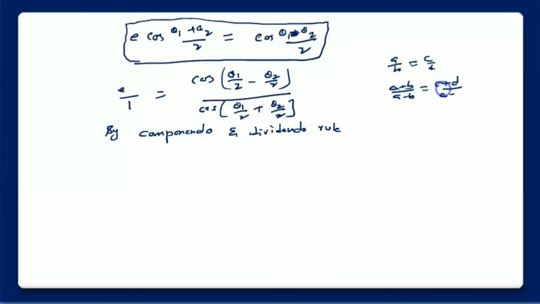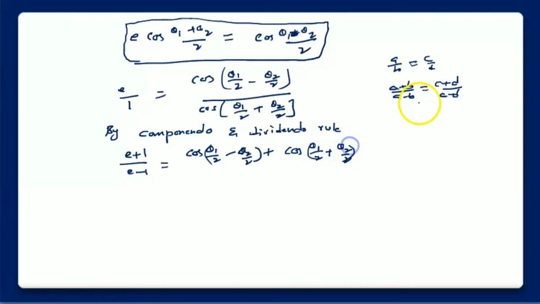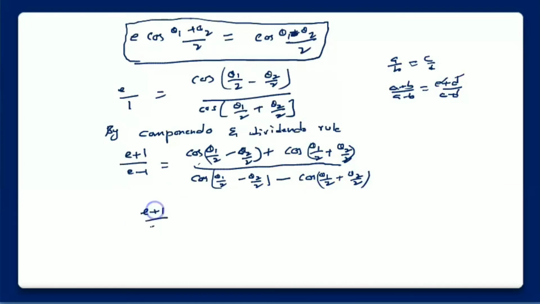So this I can write as (e plus 1) by (e minus 1) is equal to: numerator, cos of theta 1/2 minus theta 2/2 plus cos of theta 1/2 plus theta 2/2, that is c plus d; and for c minus d, the numerator minus the denominator, where the denominator is cos of theta 1/2 plus theta 2/2. Therefore, cos (a minus b) plus cos (a plus b) is 2 cos a cos b, again trigonometry.